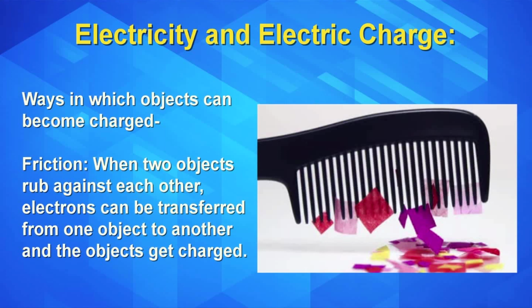The object that gains electrons becomes negatively charged, while the object that loses electrons becomes positively charged. For example, rubbing a comb against a woolen cloth or dry hair can transfer electrons and charge the comb, and it can attract small pieces of paper.